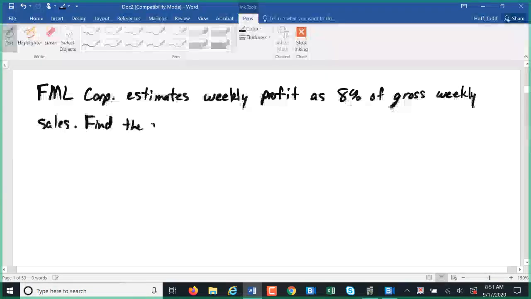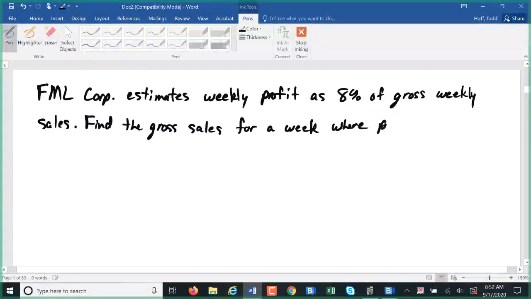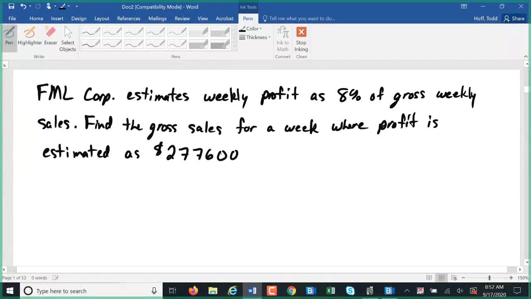Find the gross sales for a week where profit is estimated as 277,600.